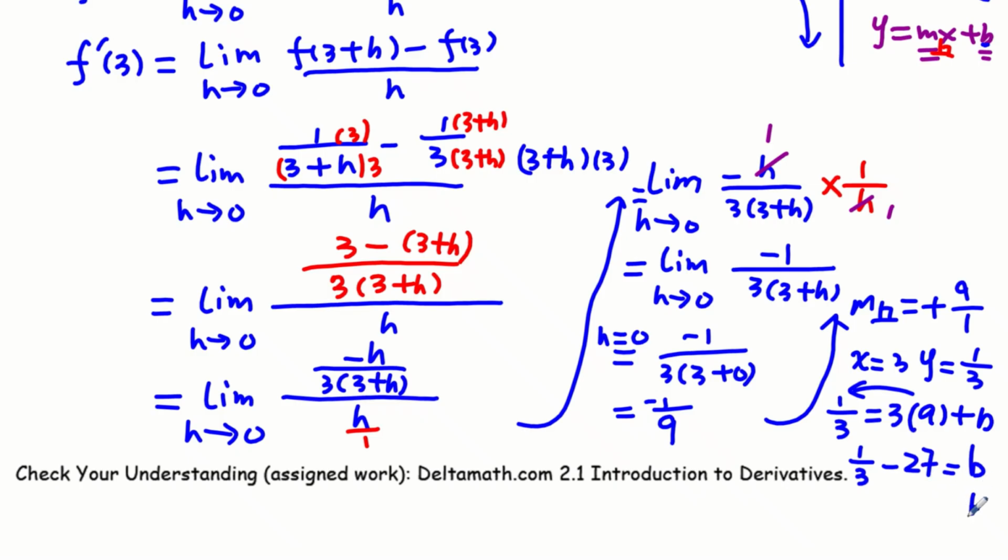We do the simplification with the same denominator, times 3. Then simplify, it is negative 80 over 3. Then the final answer will be y equals 9x minus 80 over 3. So that is the equation of the normal.